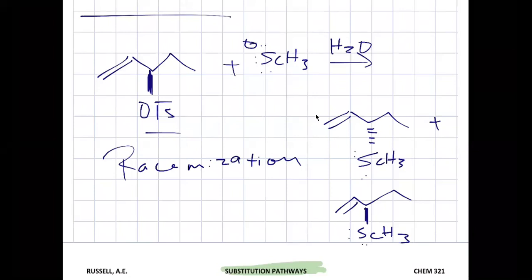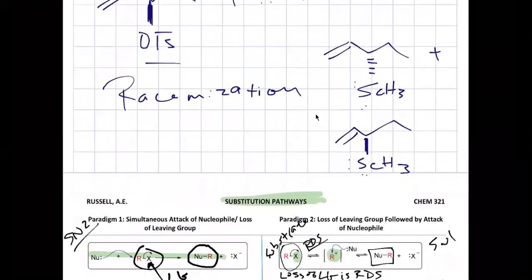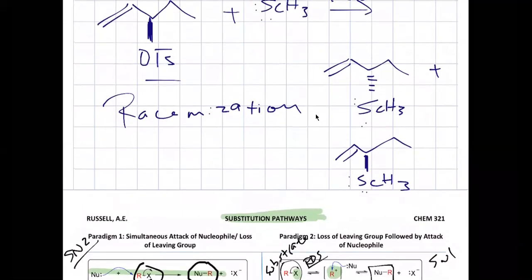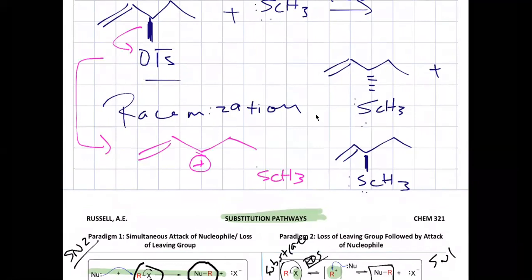The first step is loss of leaving group. When I lose the leaving group here, what I'm left with is this carbocation intermediate. Then the sulfur can attack either side. I can come from here, or go in the back. So that's going to give you two different products.